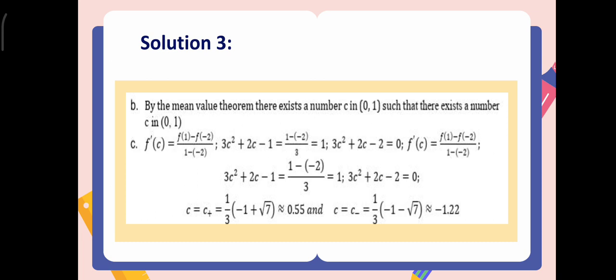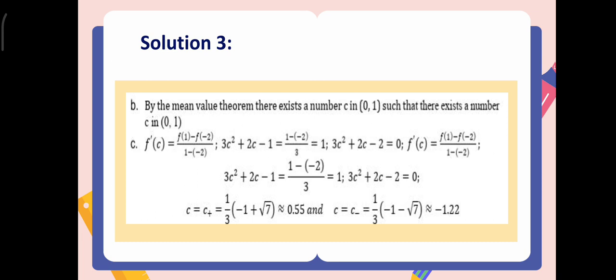So f'(c) = (f(1) - f(-2)) / (1 - (-2)). We know that our a and b are -2 and 1. Therefore, f'(c) = 3c^2 + 2c - 1 is equal to (1 - (-2)) / 3.